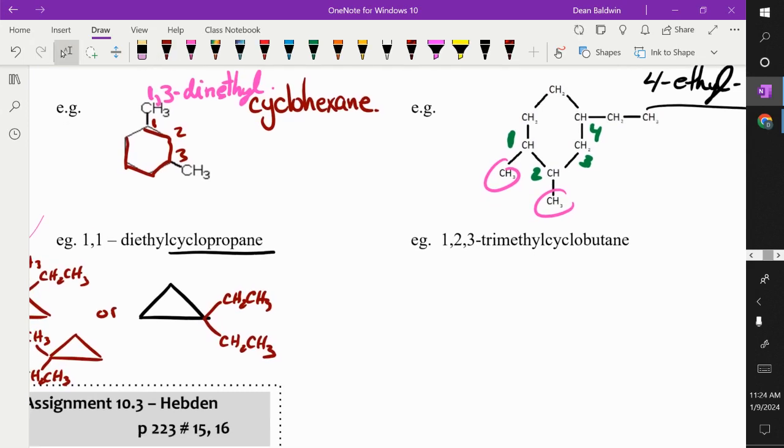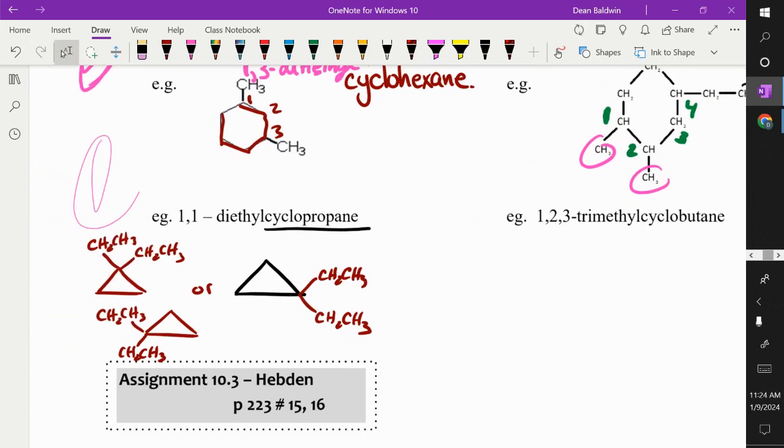1, 2, 3 trimethylcyclobutane. Sorry. On that one, you said on the skeleton structure, there's no hydrogens. Well, you can put the hydrogens, you just don't draw them, like in a skeleton. But there's technically hydrogens there and there.